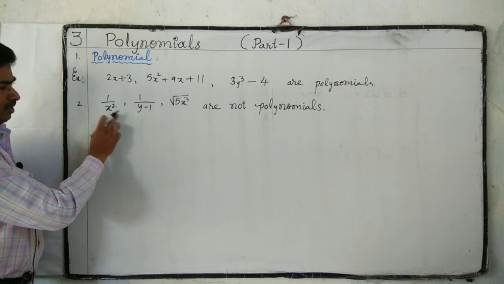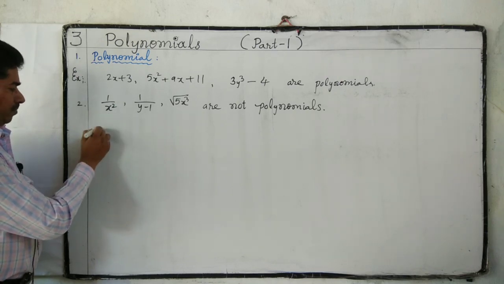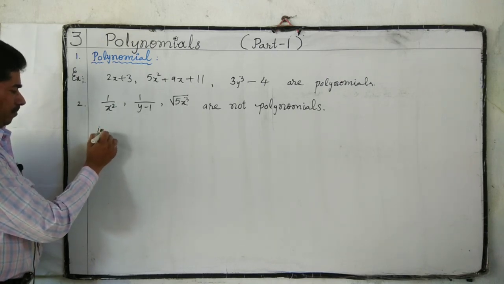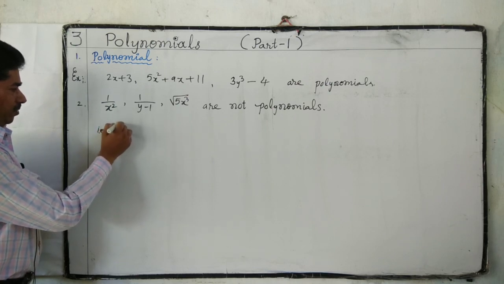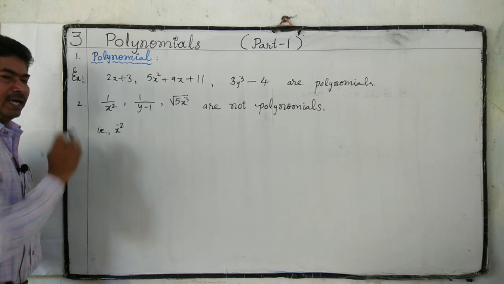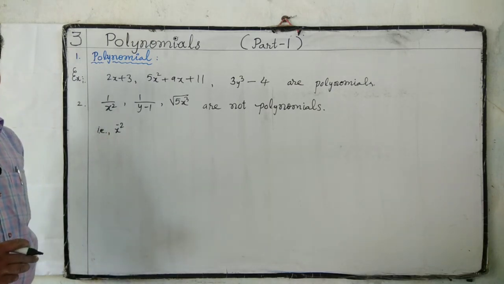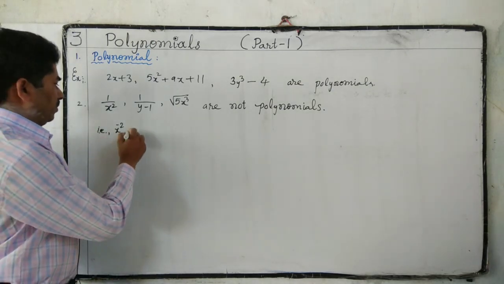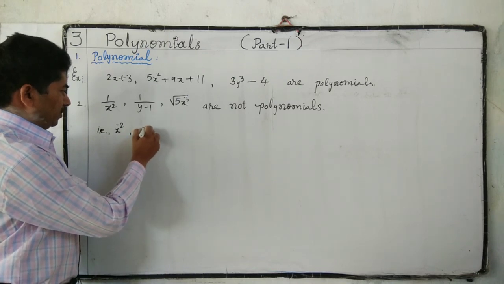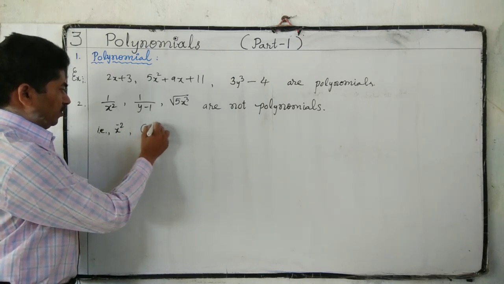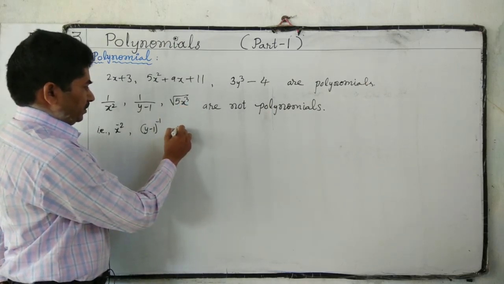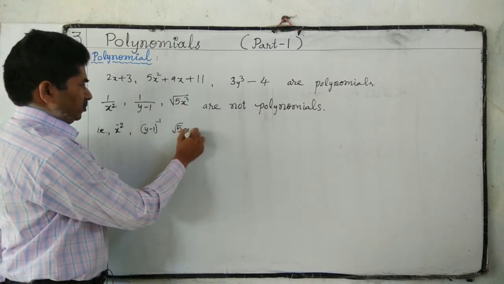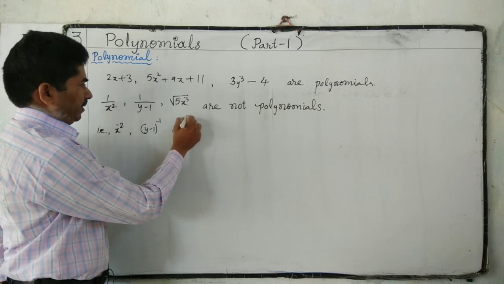Because we can see x to the power of minus 2, negative integral power. Here also y minus 1 whole to the power of minus 1. This is root 5 x to the power of 3 by 2.